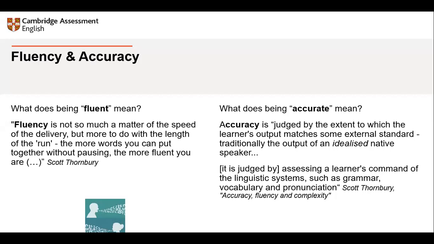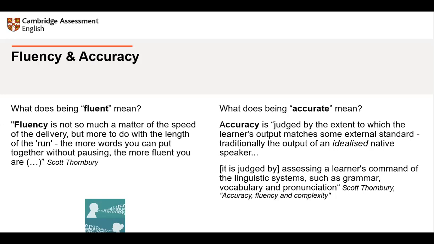So their mastery of grammar, the range of vocabulary, and how clearly they can articulate the sounds in order to make themselves understood. So we are not talking about speaking like the ideal native speaker, but we are talking about being intelligible. And in remote contexts, we have to make ourselves intelligible.